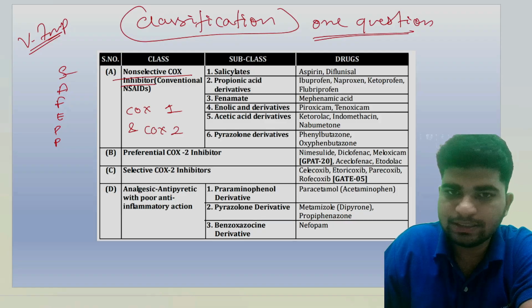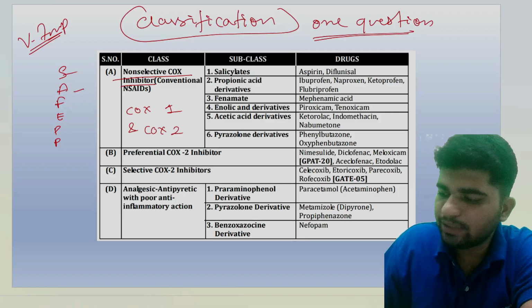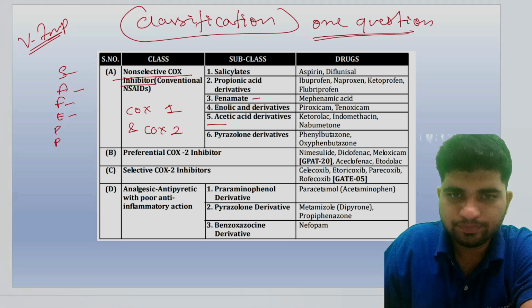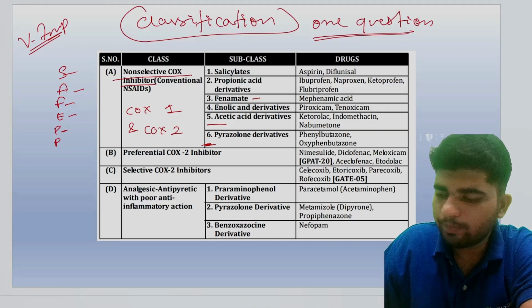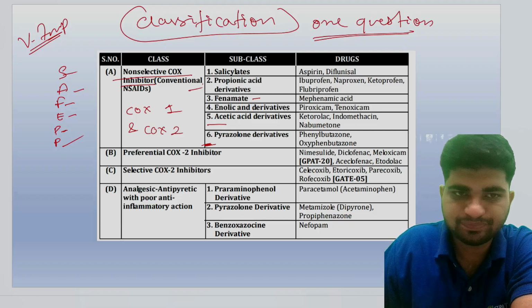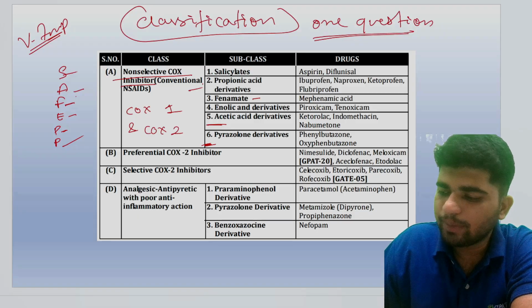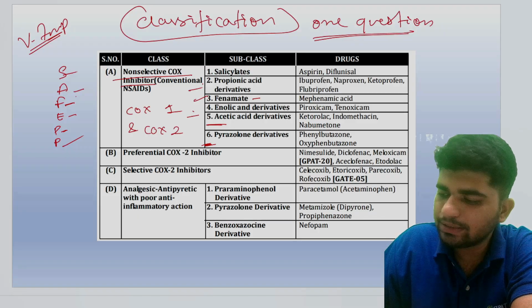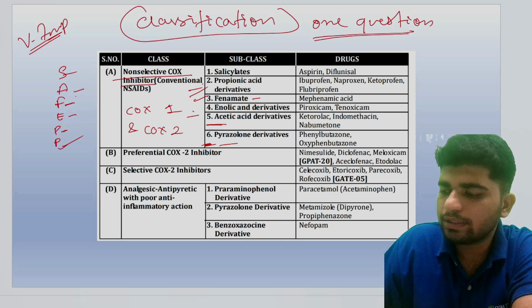S for salicylates, A for acetic acid derivatives, F for fenamates, E for enolic acid derivatives, P for propionic acid derivatives, and P for pyrazolone derivatives.